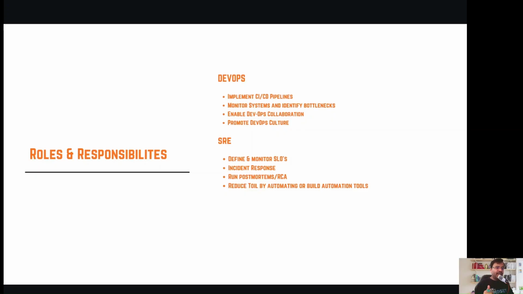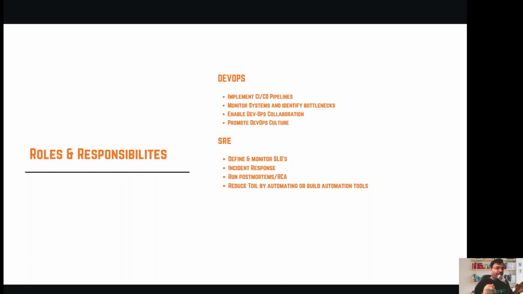As I mentioned, as soon as an incident comes, my role is to respond to that incident as soon as possible, and figure out what workaround I can put in place to resolve it. Another role is to run the root cause analysis and the post-mortems. That is very important from the SRE perspective.